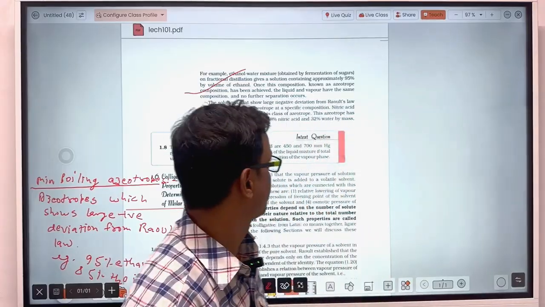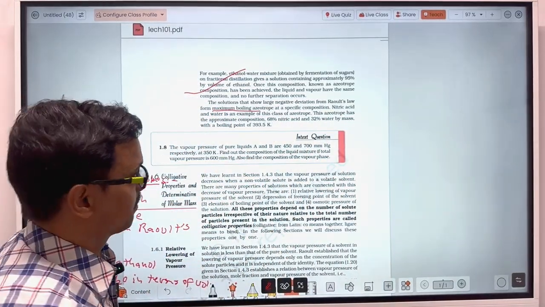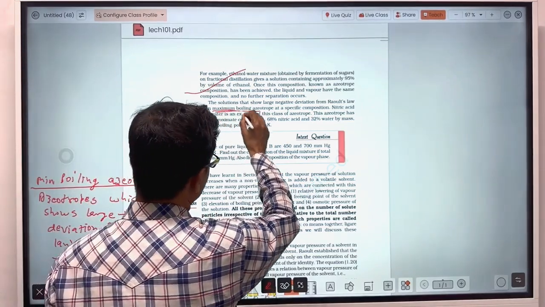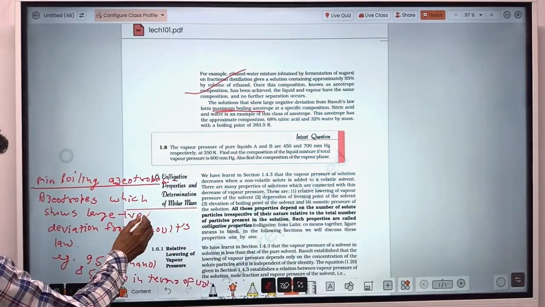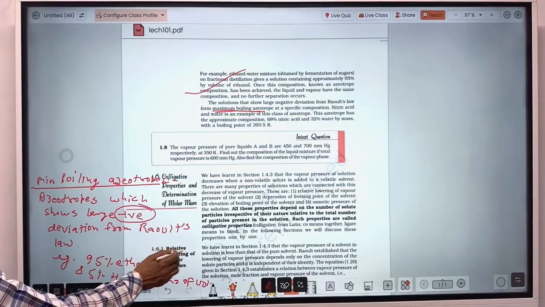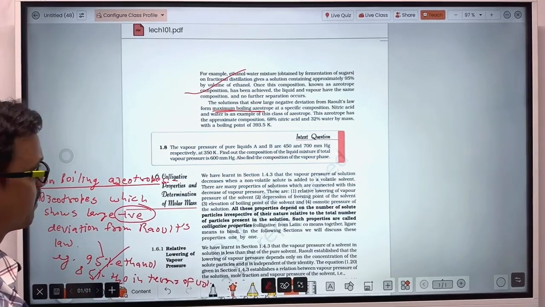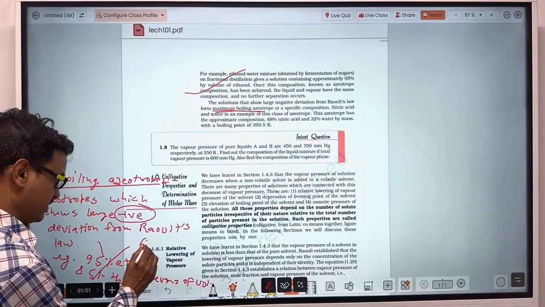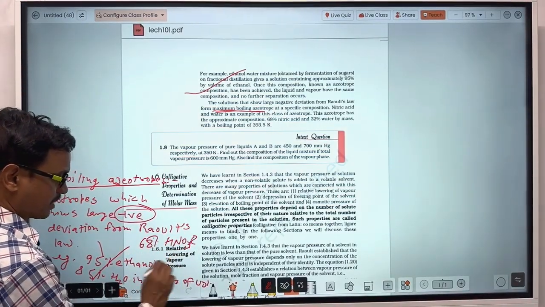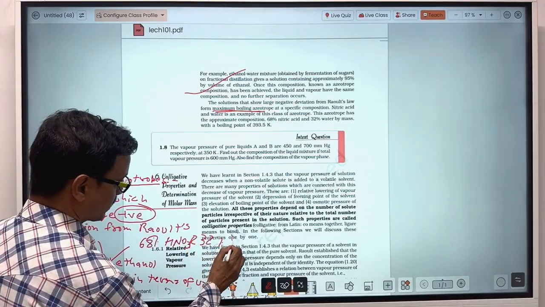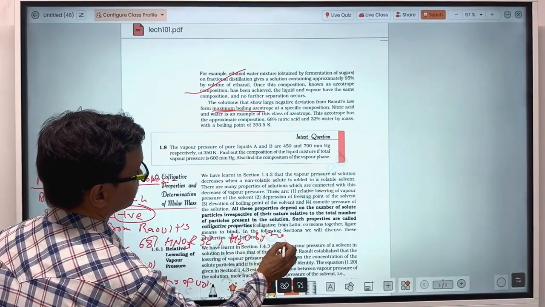That's why it is a maximum boiling azeotrope. Here it is the solution which shows large, not positive deviation, but negative deviation from Raoult's law. An example is 68% nitric acid and remaining 32% water by mass.